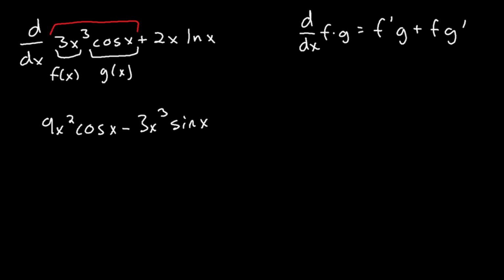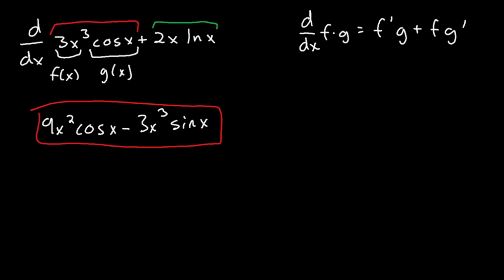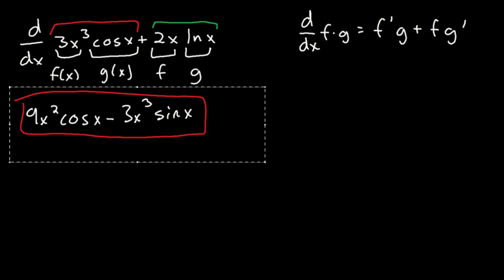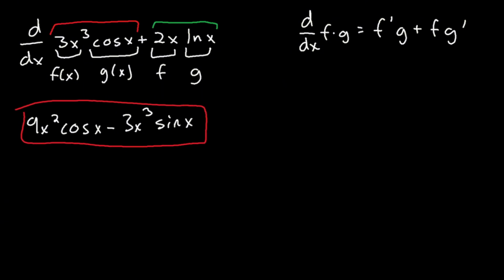Okay, now that we have the derivative of this first term, what do we do? Well, we need to find the derivative of the next term. So let's treat this as our f, and let's treat this as our g. Let's write the f better. So we need to find the derivative of f, 2x, which is just 2.